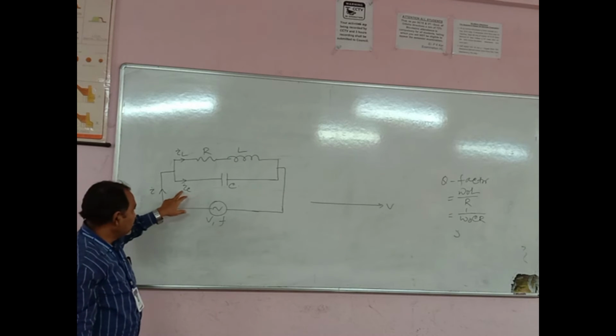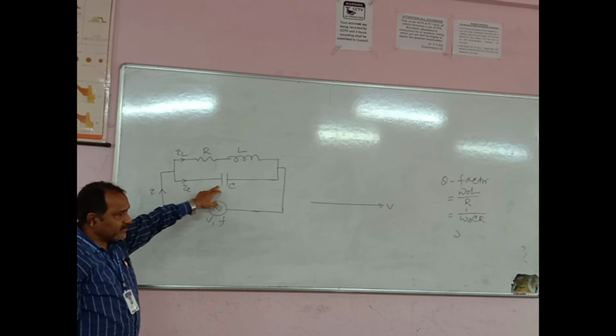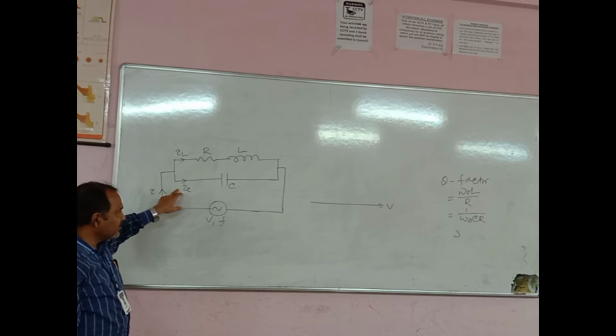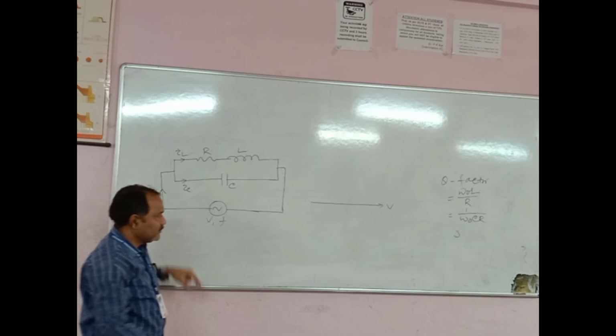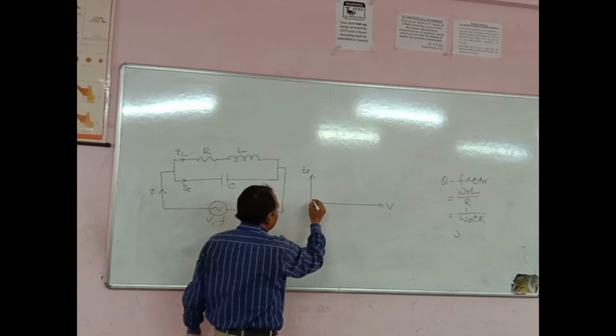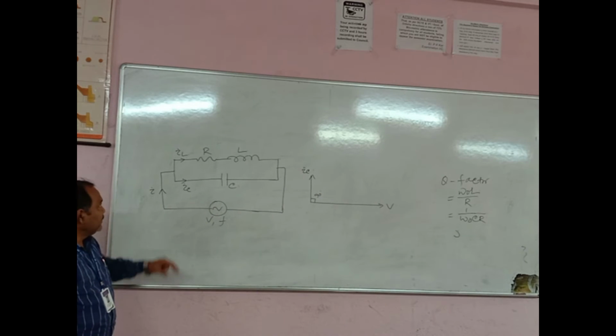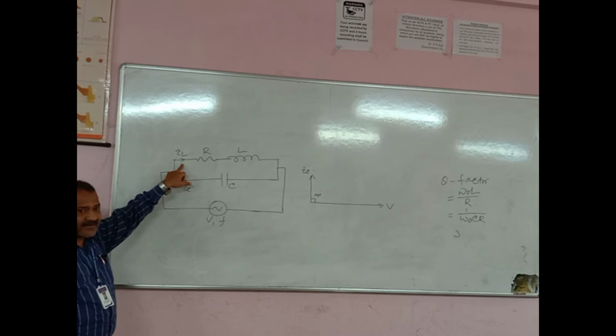IC is the current flowing through the pure capacitance. We know that in case of pure capacitance, current always leads the voltage by 90 degrees. So therefore, this is IC, leading by 90 degrees. Similarly, here it is IL, and this is an RL circuit.